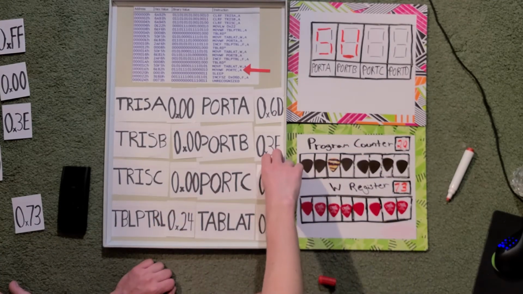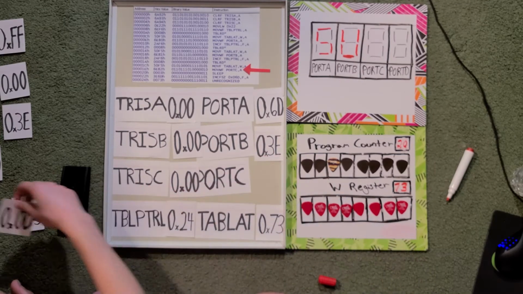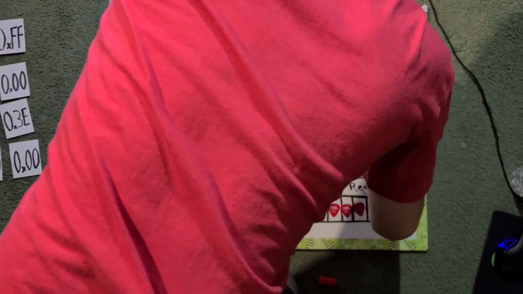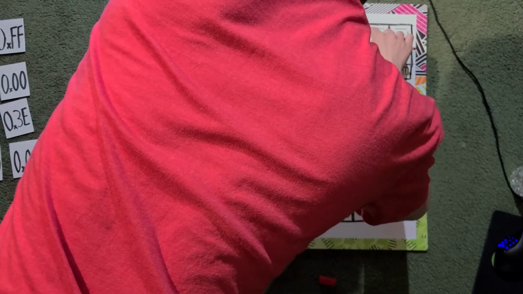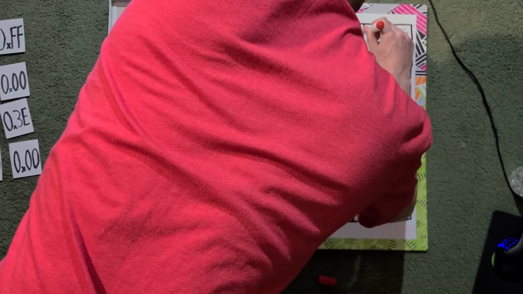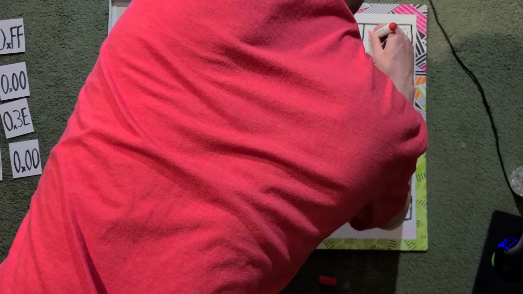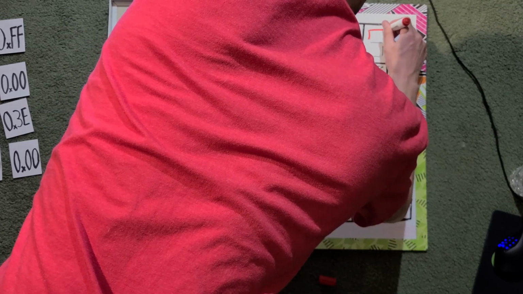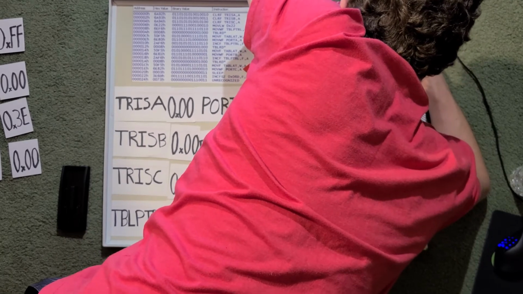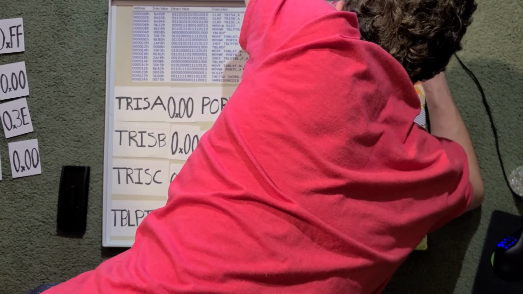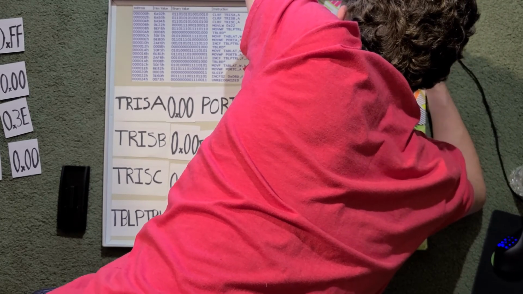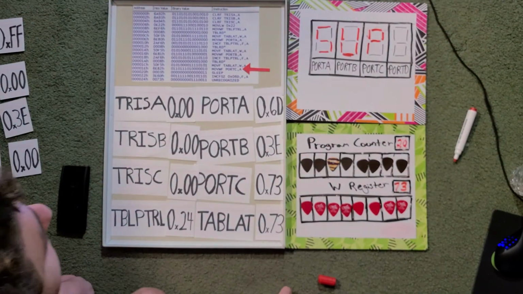Value 73 moves from the W register to port C, which turns on value 73 hex, which gives you the P. And then it sleeps.